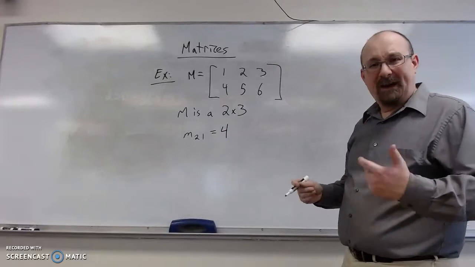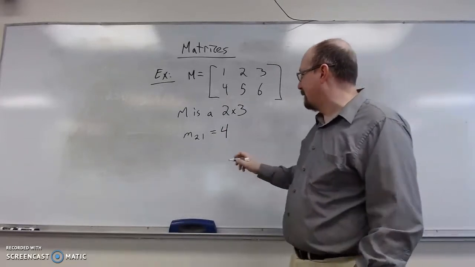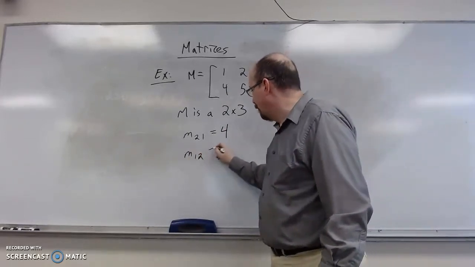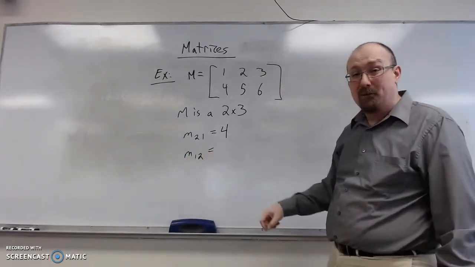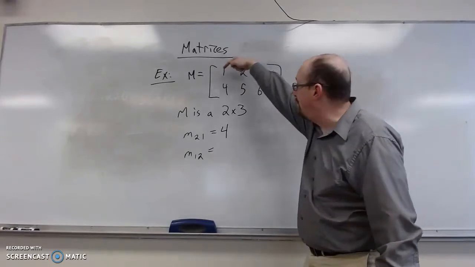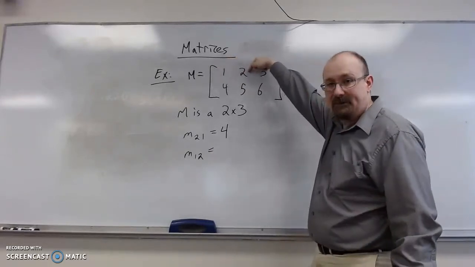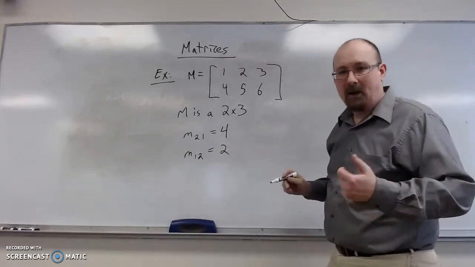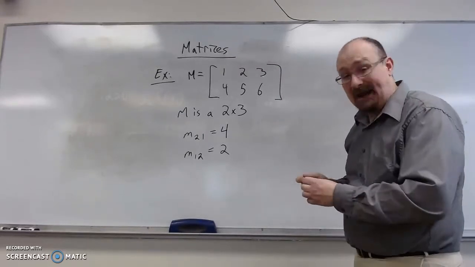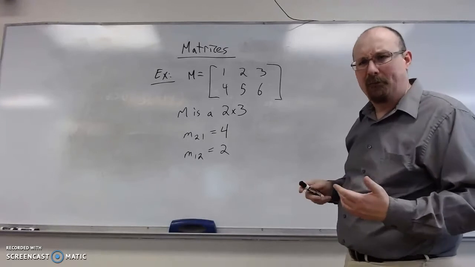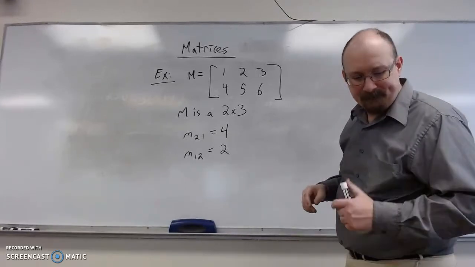Note that the order makes a difference, because with M12, if we flip those around, we stay in the first row, but we move down to the second column. So we stay up here, 1, 2 columns. That's how we peg out individual entries in a matrix if we need to refer to them, and we will from time to time.